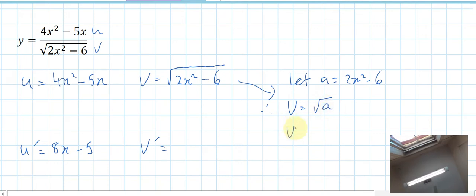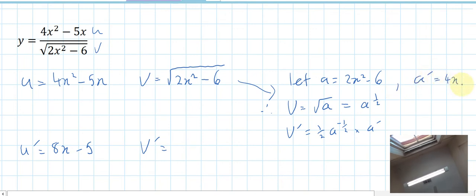Remember root a is really a to a half. V dash is a half a to the minus a half multiplied by the derivative of a. That derivative of a is the chain rule coming out. Because we know we're going to need it in a second, the derivative of a is 4x.